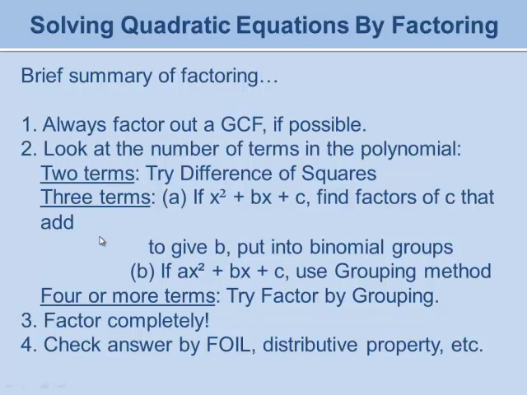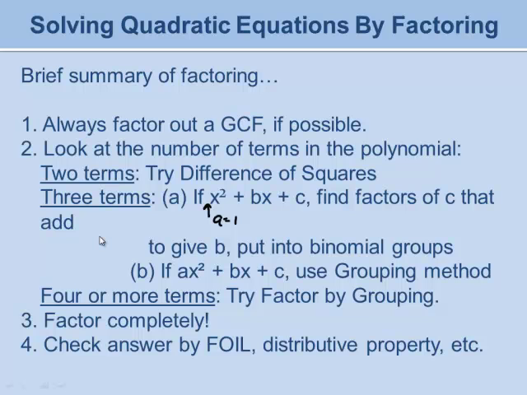If you have a trinomial where the a value is an understood 1, x squared plus bx plus c, then you're simply going to find factors of c that add to give you b and put it into binomial groups.